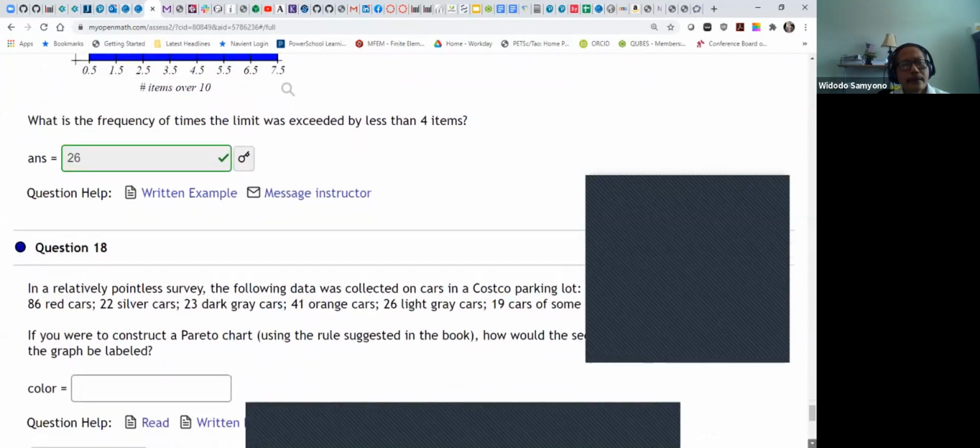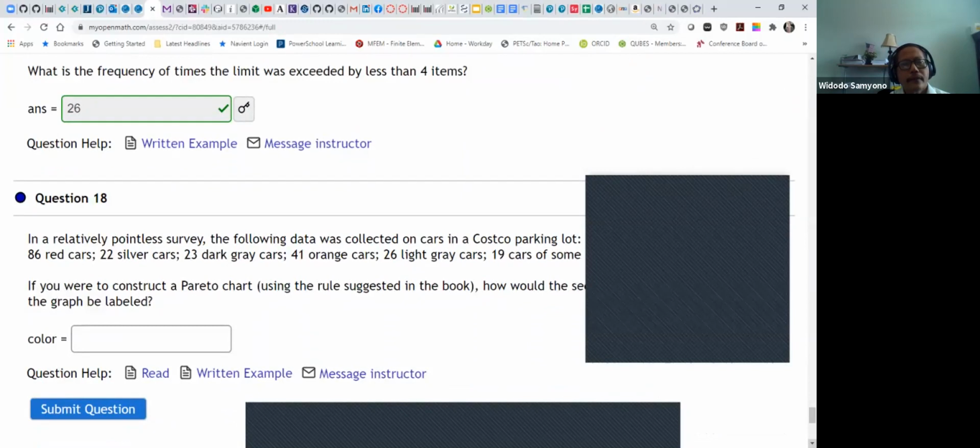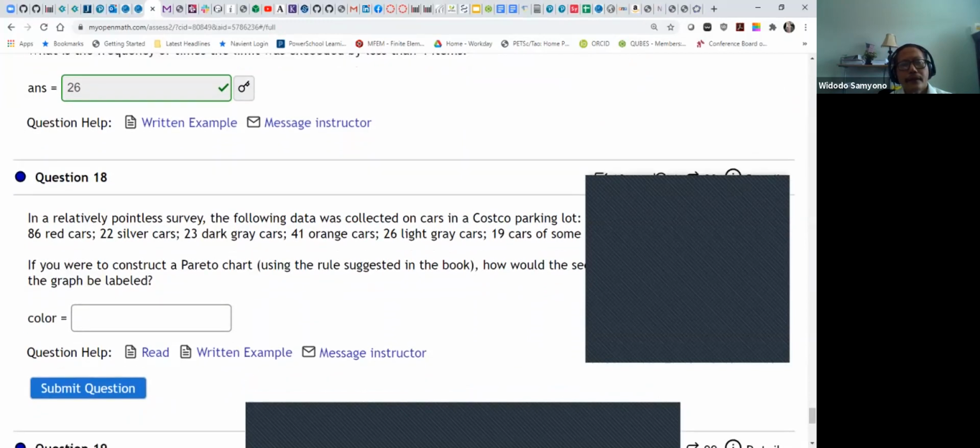Okay, so for this one, this is the question. If you were to construct a Pareto chart using the rule discussed in the book, how would the second bar in the graph be labeled?